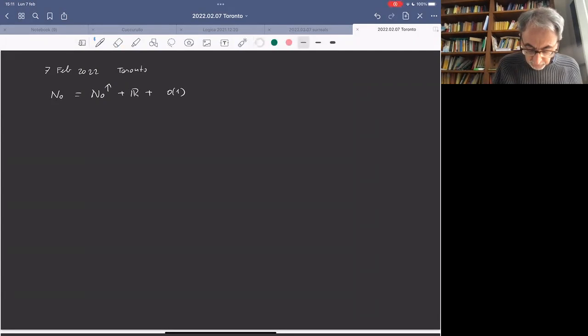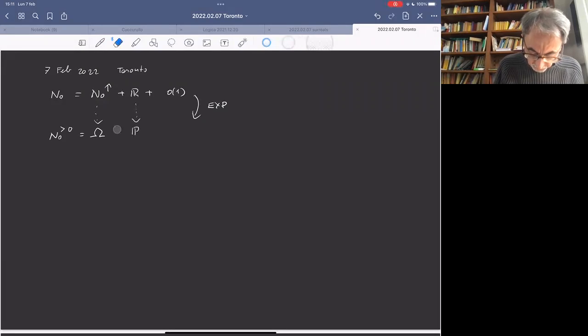Then we have an exponential map, which takes the purely infinite part into the monomials, the real part into the positive reals, and the infinitesimal part into 1 plus infinitesimal.